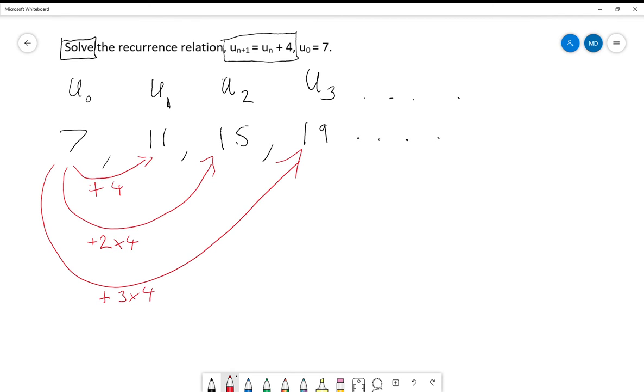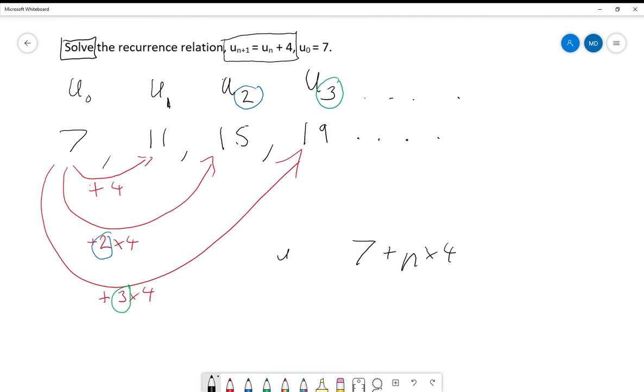And this tells us that what's really going on here is a set of multiplications. We're starting out with an initial point 7, and to get to whatever term we're at, notice the 3 here is the same as the 3 here. The 2 here is the same as the 2 here. We're taking 7 plus n times 4.